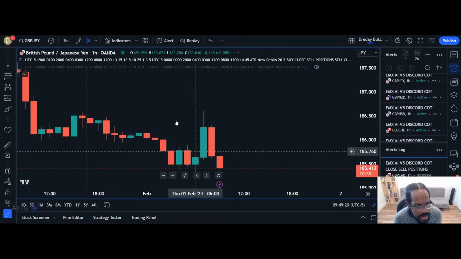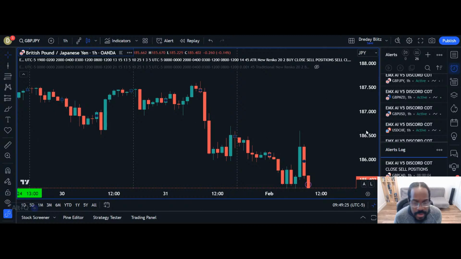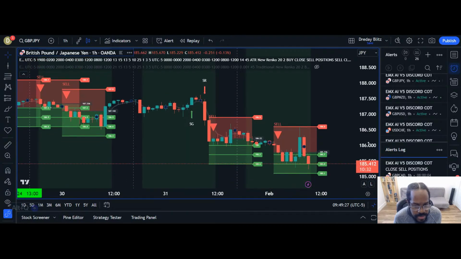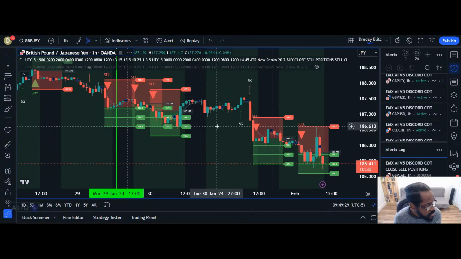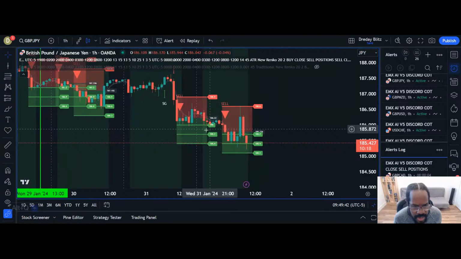Let's look at the GBP/JPY off of the 1 hour. They had a sell setup here on the 1 hour that hit TP3 yesterday.